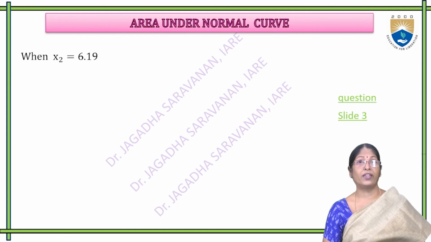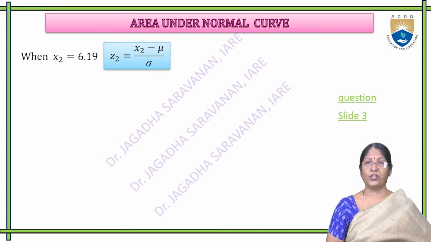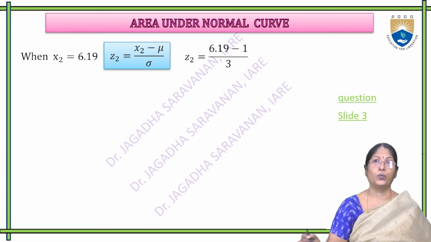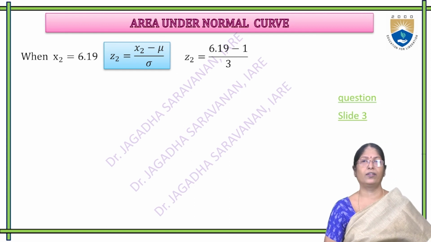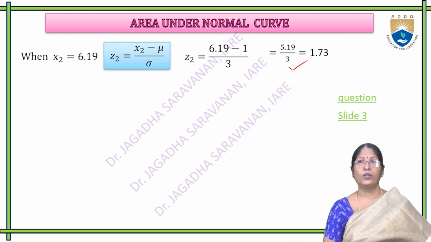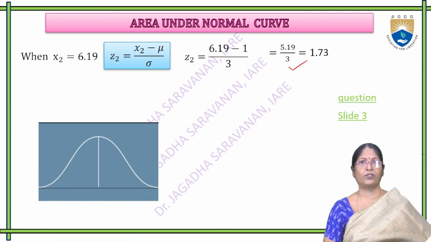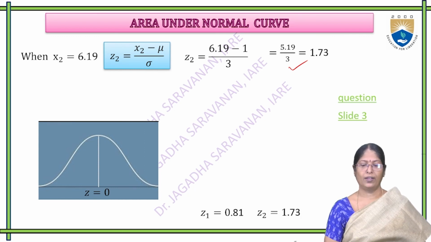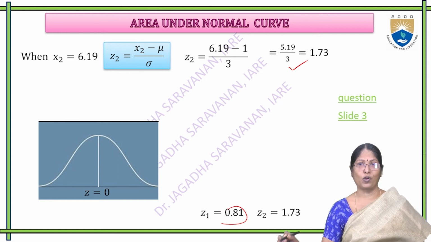The next one is x2, 6.19. Change of scale: x2 minus mu by sigma, z2 equals 6.19 minus 1 by 3. So 5.19 divided by 3 is equal to 1.73. Now we have the normal curve. Our point z1 is 0.81, positive.